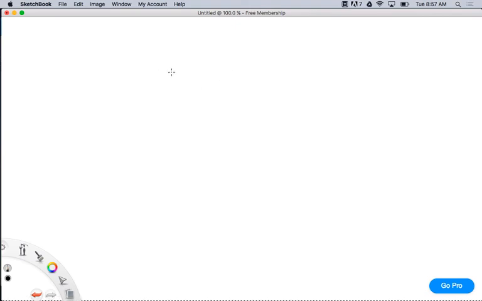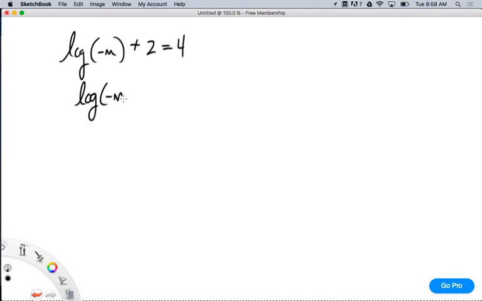Next is ones that get a little harder. Log negative m plus 2 equals 4. So let's say log negative m, first I subtract 2 from both sides, equals 2. What's the base of this logarithm if it's not listed? 10, very good.